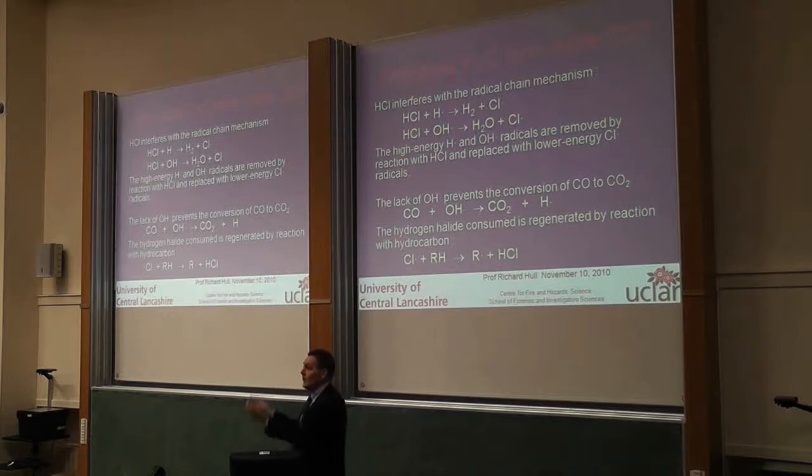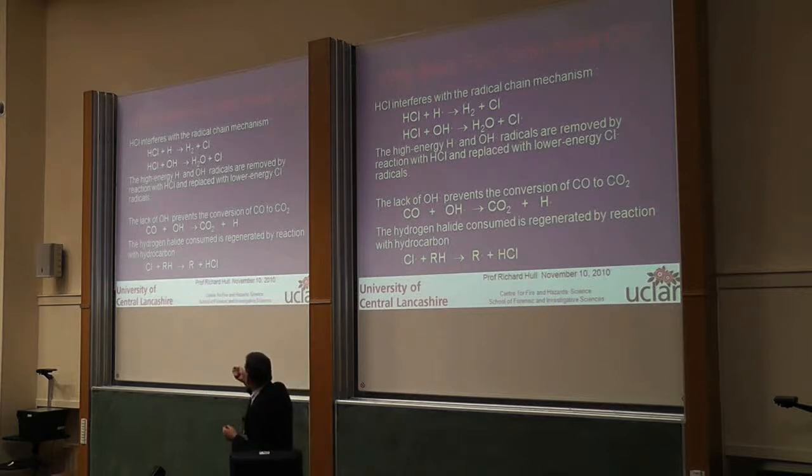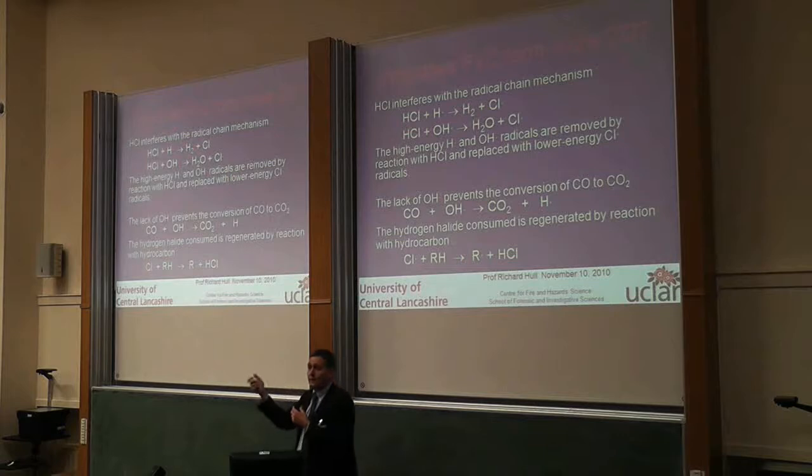And when you destabilize the flame or you do certain things to it, then you get higher yields of carbon monoxide because you're not getting a complete flame. Essentially, when you have halogen radicals there, you take away the hydrogen and hydroxyl radicals, you lose those extra radicals, and therefore you lose the fast reactions. The fast reactions don't occur within the flame, so you get carbon monoxide or products of incomplete combustion leaving the flame.